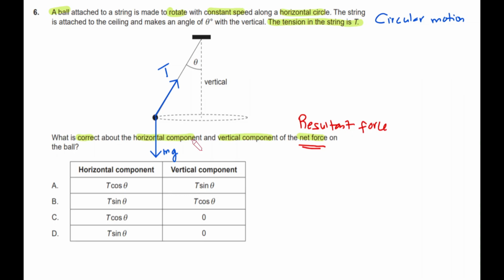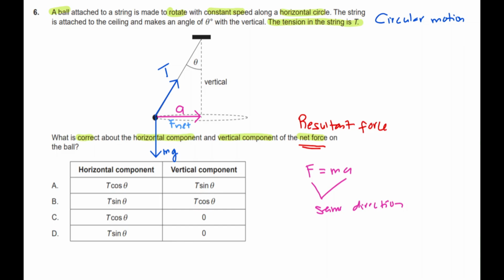Now, because the ball is moving in a circular motion, we clearly know that the ball is accelerating towards the center. And we also know from Newton's second law that if the acceleration is towards the center, the resultant force must also be in the same direction.